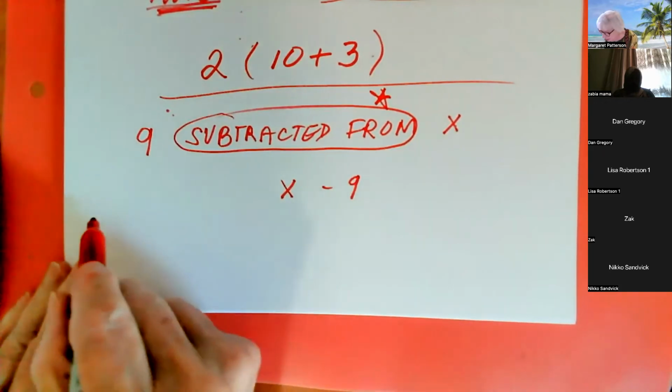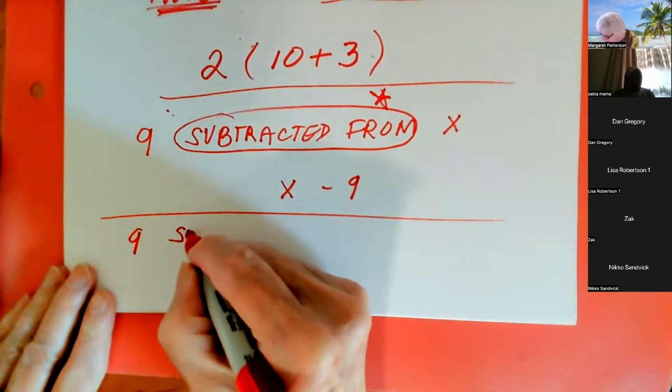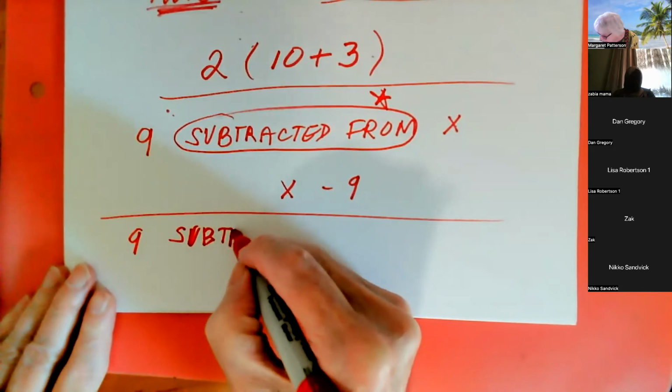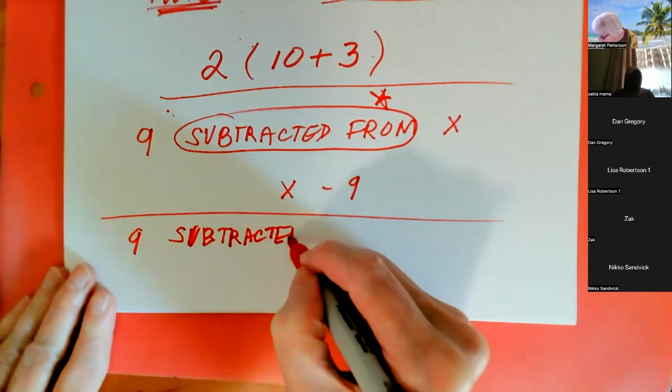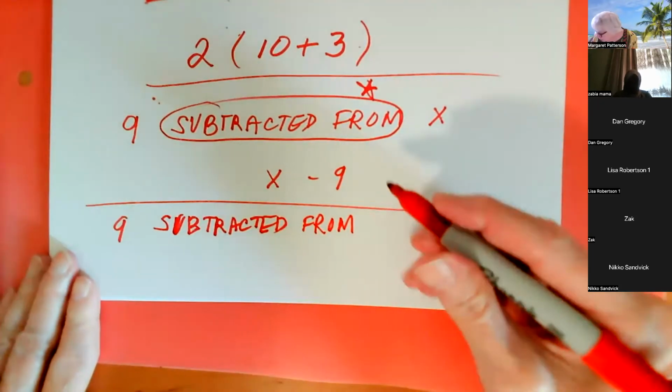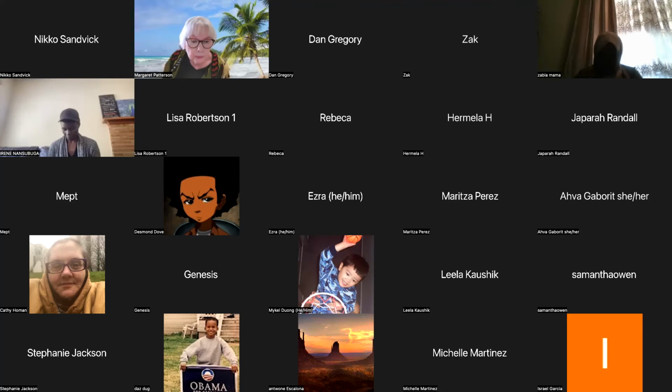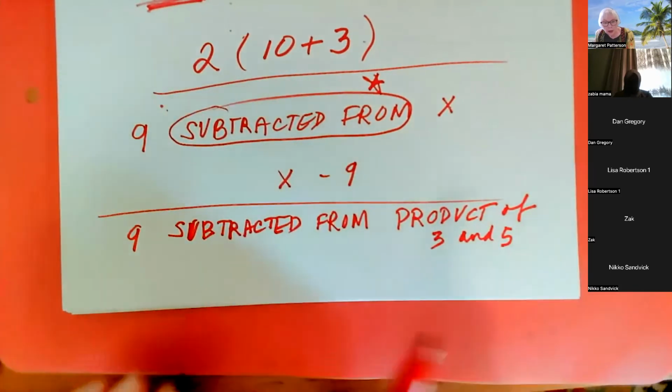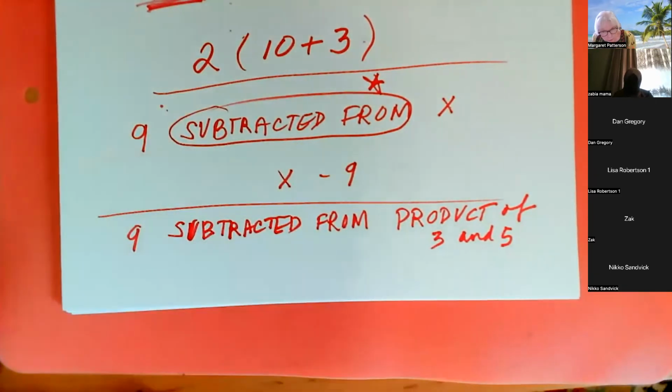So I have a variation of this. Nine subtracted from the product of 3 and 5.